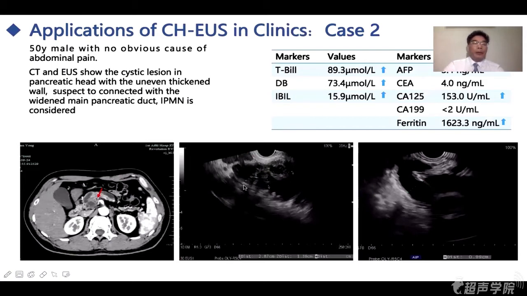Case 2. A 50-year-old male with abdominal pain of no obvious cause. CT and EUS showed a cystic lesion in the pancreatic head with uneven thickened wall, suspected to connect with the widened main pancreatic duct.